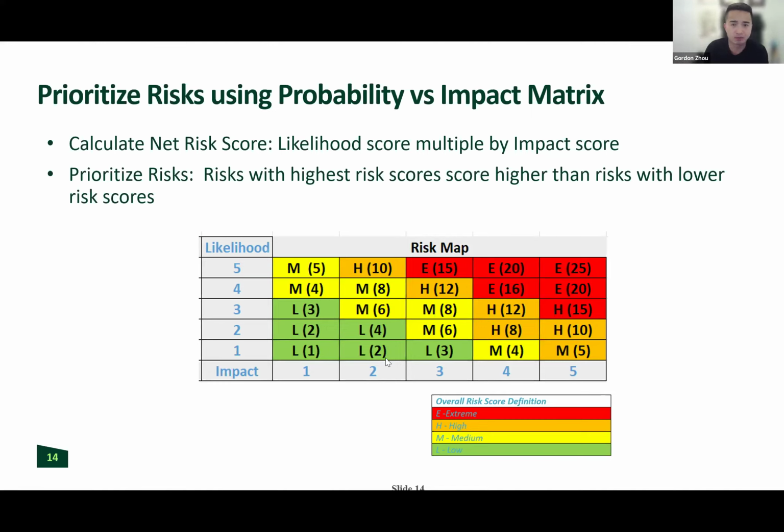So let's just say, for example, I have a very simple project. I have 3 risks. Risk number 1 has a net score of 25. Risk number 2 has a score of 12. And then risk number 3 has a score of 2. You're obviously going to say, okay, well, my top risk is the one that's 25, right?